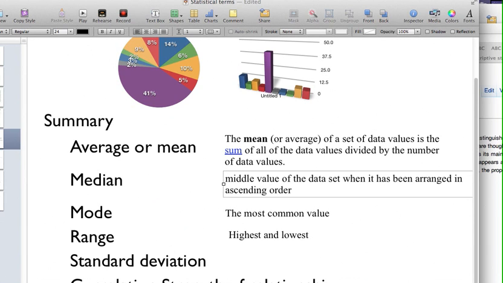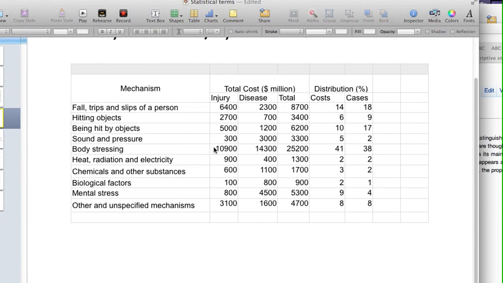So in this case, and we'll show you what that is, it's the set of all data values. So if you wanted to take the average of all of the injuries, what's the average cost of an injury? You could take all of these, make a sum of them, and then divide by the number that you've got on the left hand side here, which is 10. 1, 2, 3, 4, 5, 6, 7, 8, 9, 10.